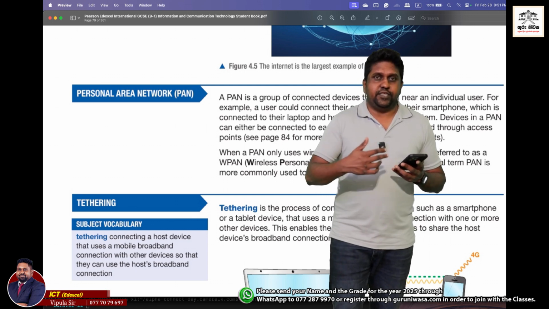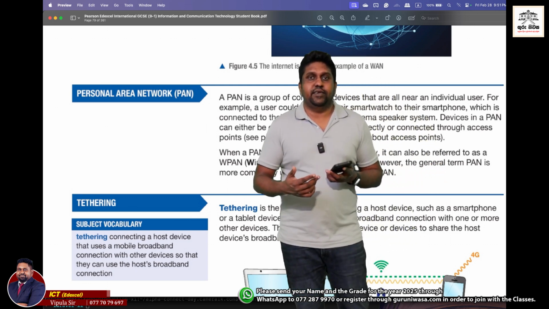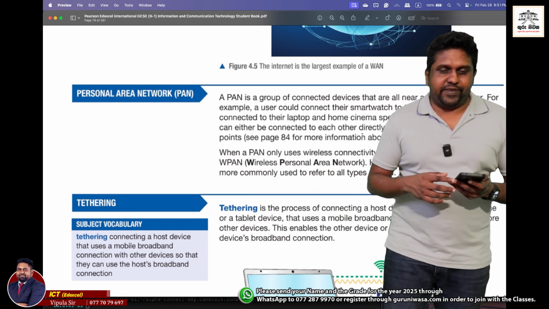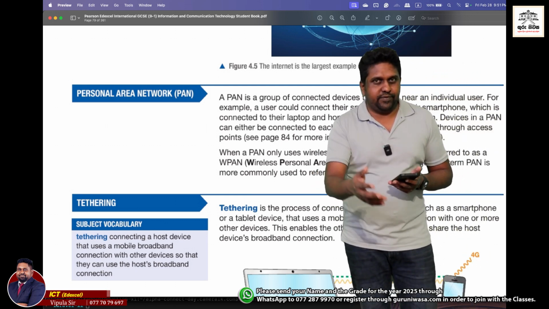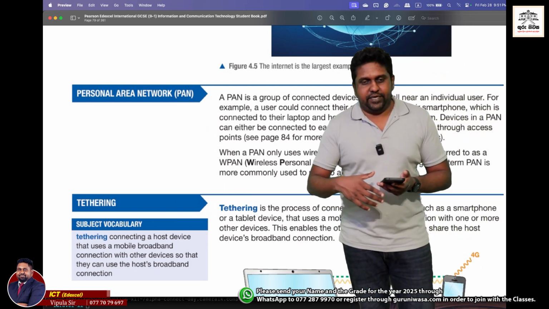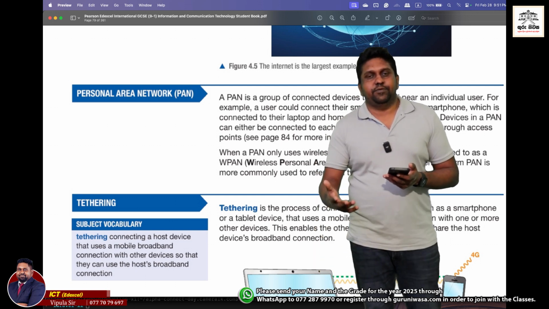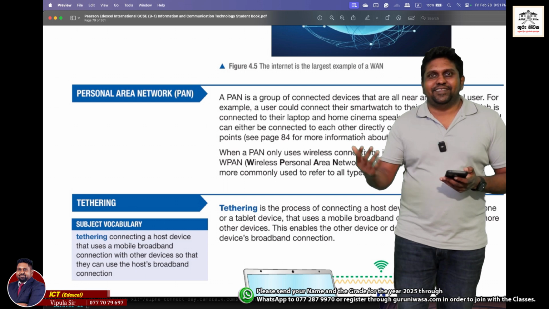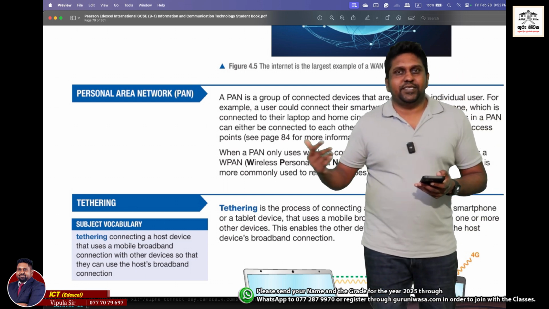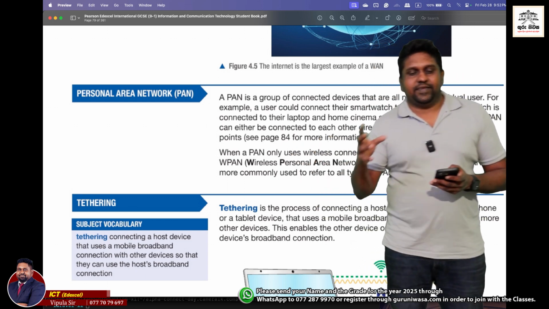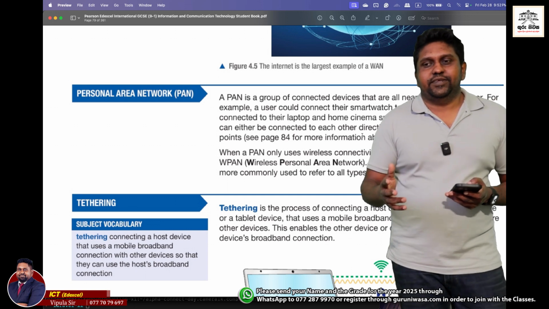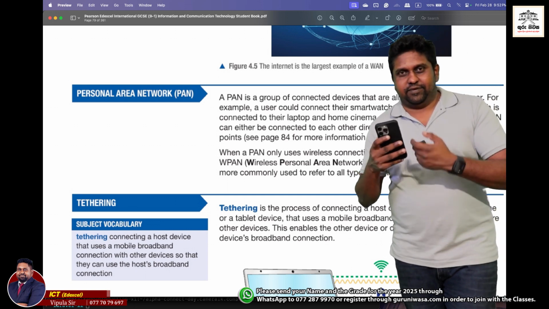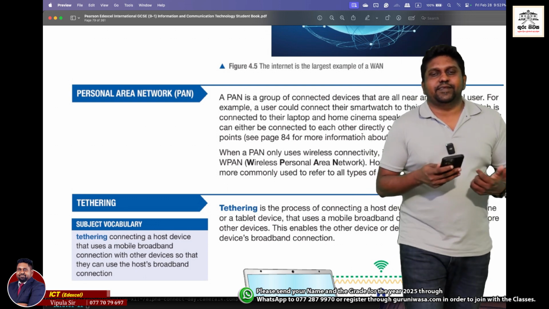These two devices are internally connected using Bluetooth and other networks. If I want to send some data from my phone to the laptop, that also can be done, and that is also sent through the concept behind PAN. All the personal devices around you, if connected to one of your devices, like let's say a smartwatch, go under the concept of PAN.